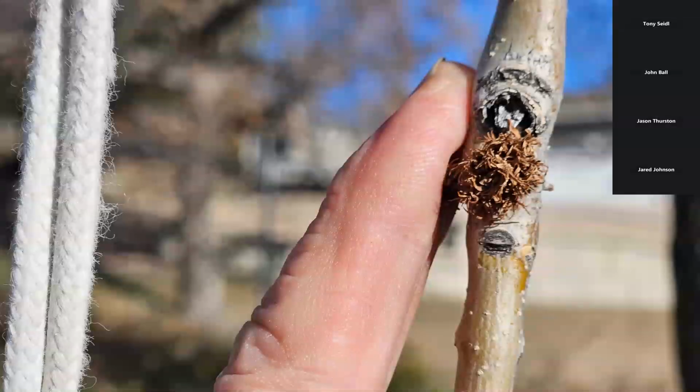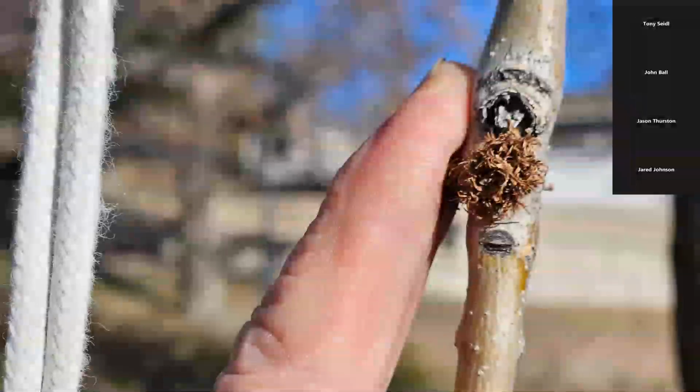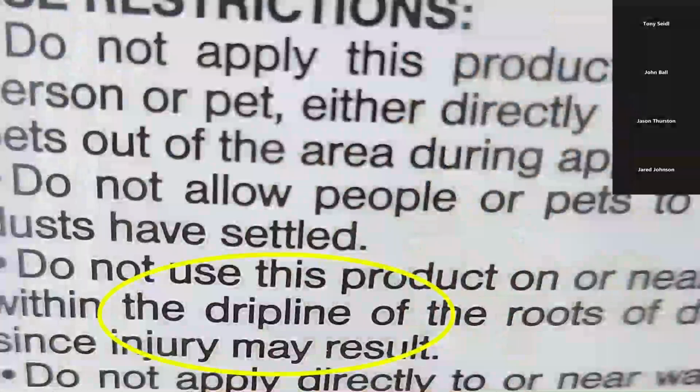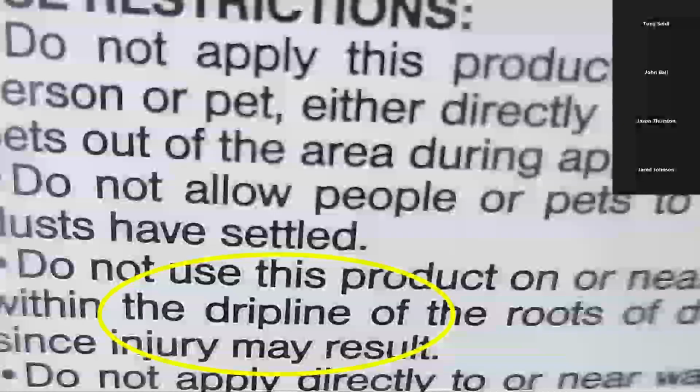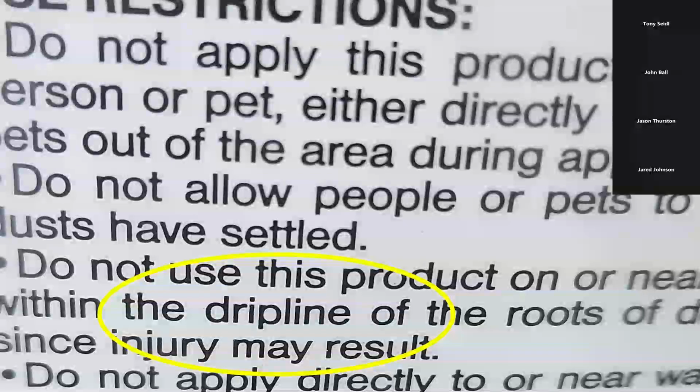Went out and looked, and that's what their green ash was down to. Little tough straps of growth. Same thing. Let's look at the caution. And look what the caution says. Do not use this product on or near or within the drip line of the roots of desirable trees, since injury may result.